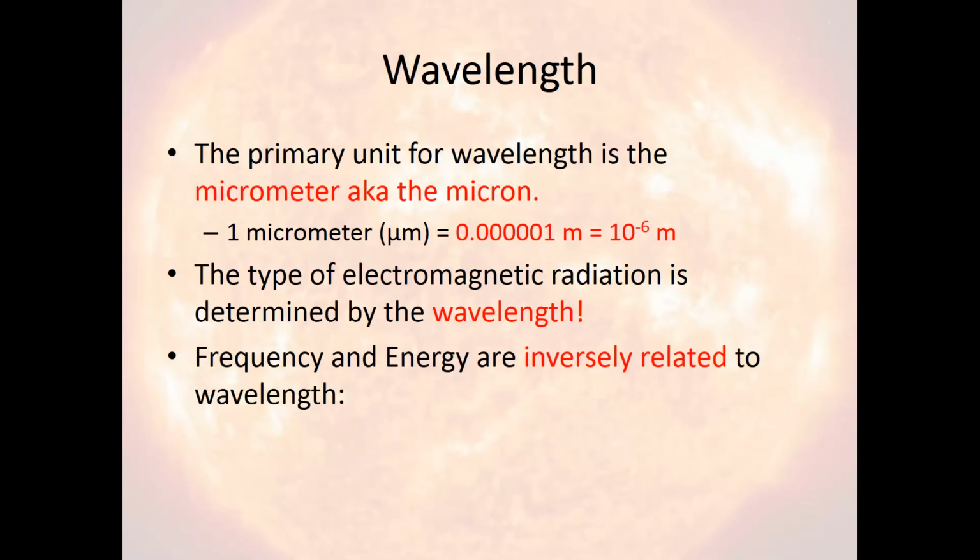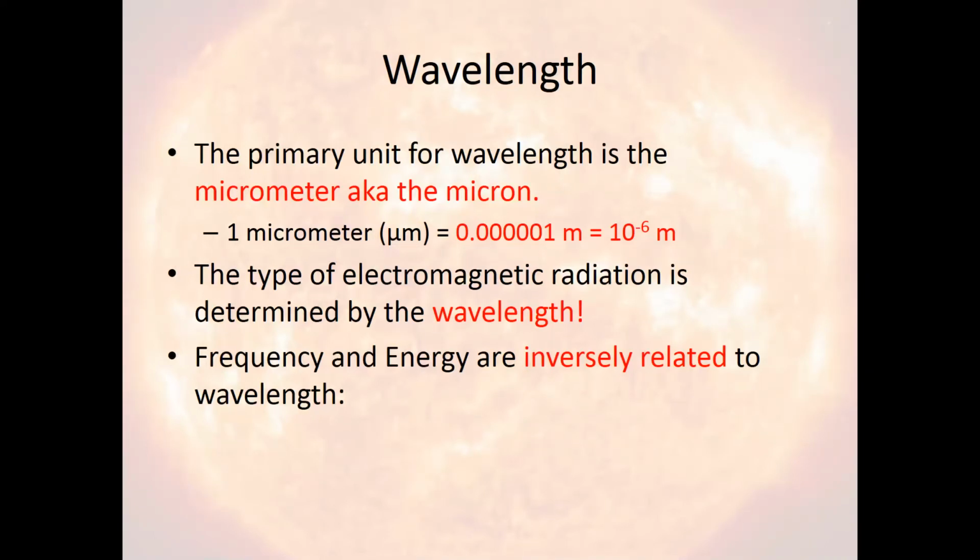Now, the other two properties that I mentioned about radiation are also determined by the wavelength. Specifically, frequency and energy are inversely related to wavelength. So think about this. Take a piece of paper and draw a wave on it. Just an up and down wave.